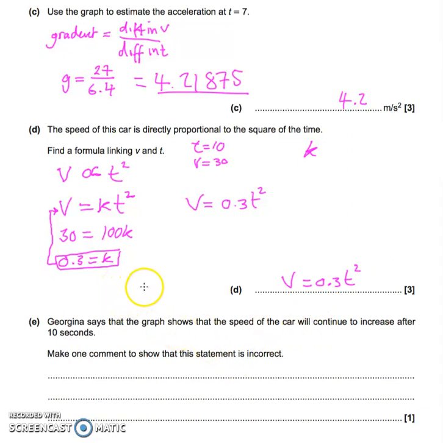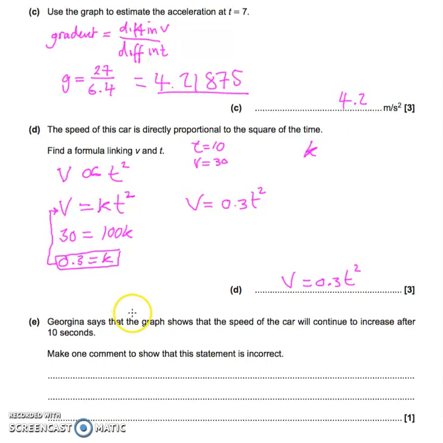Part E. Georgina says that the graph shows that the speed of the car will continue to increase after 10 seconds. Make one comment to show that this statement is incorrect. Well, immediately after the 10 seconds, she's correct, isn't she? It's going to keep getting quicker. But eventually, at some point, you'd imagine that the car will start to level out in its speed, because that's what cars tend to do.